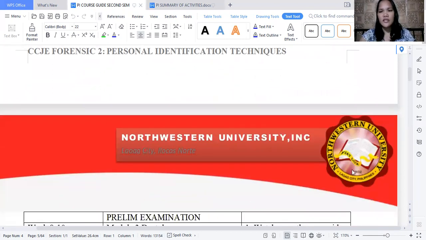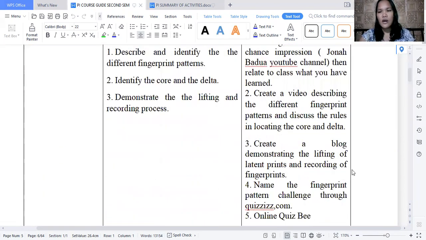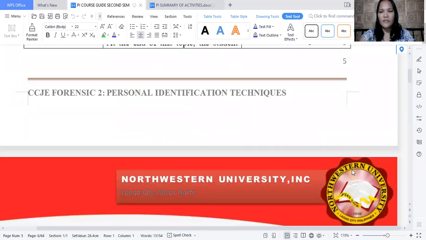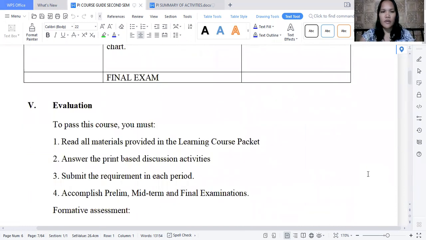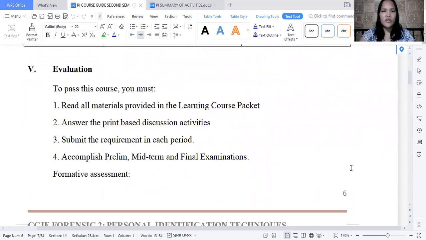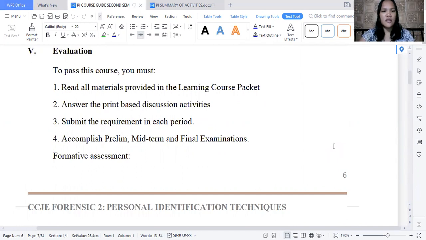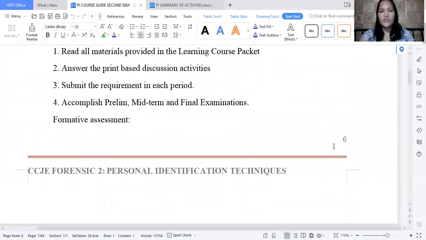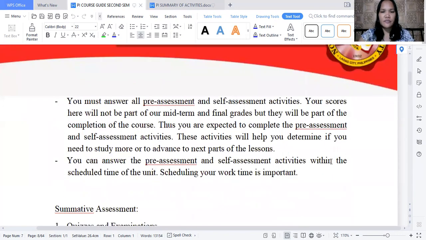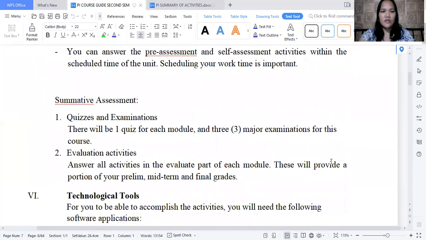Anyway, I already had a separate discussion with you on the summary of activities. In evaluation, you have to read all the files, the lectures in there, answer the discussion activities, submit requirements in each period, then accomplish prelim, midterm, and final exams and other assessment methods.